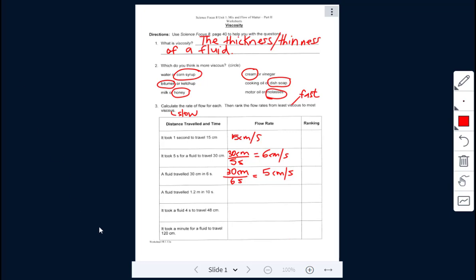Next one here. So we have a fluid traveled 1.2 meters in 10 seconds. So since we want to compare all of them, we need to put them all into centimeters per second. So we have to take the 1.2 meters and change it to centimeters. So recall this.